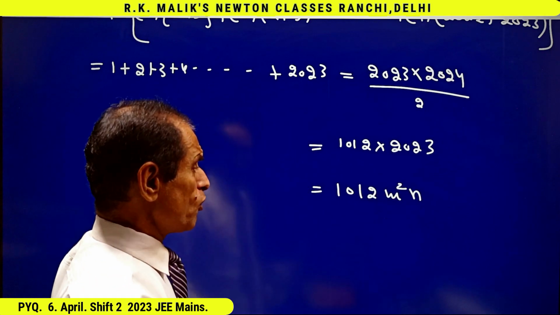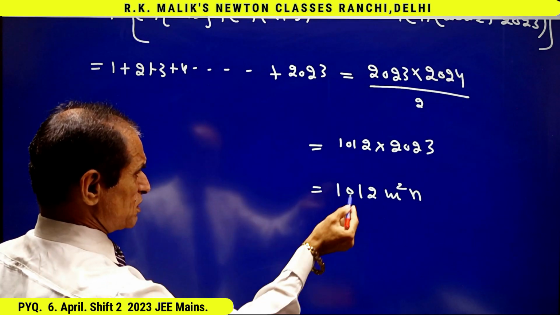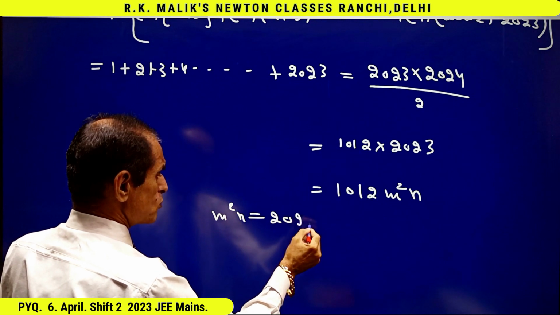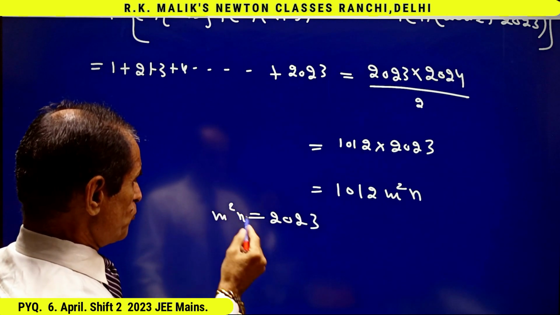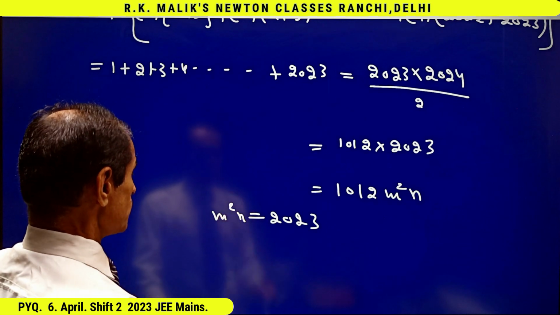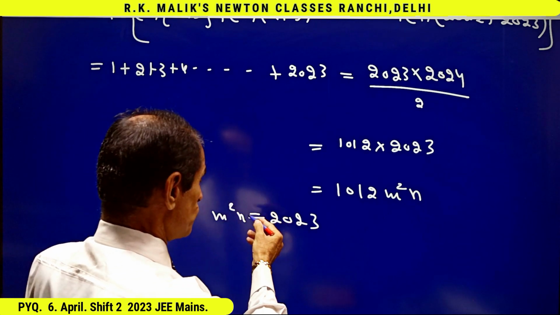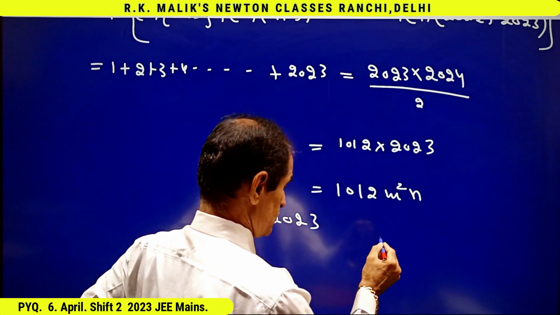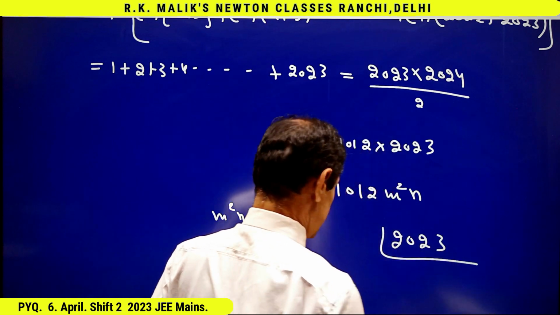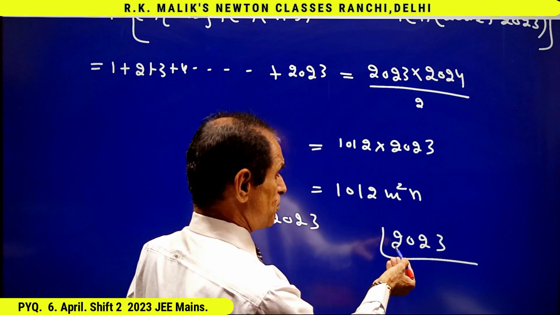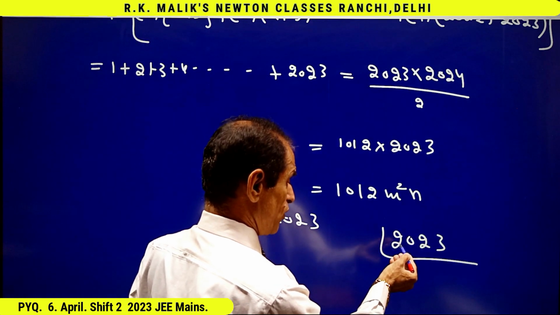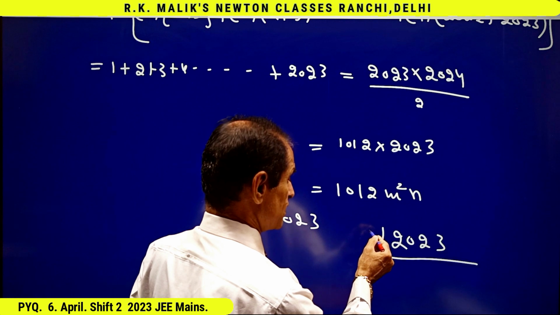Now you have to find the value of m and n, and now it means the value of m square n is 2023, and to bring 2023 into perfect square times some natural number form, I would like to make the prime factorization of this. For making the prime factorization, it's clear that it is not divisible by 2 or 3 or 4 or 5 or 6. Therefore, I will directly start checking from 7.